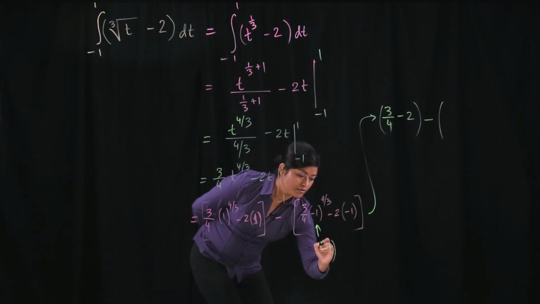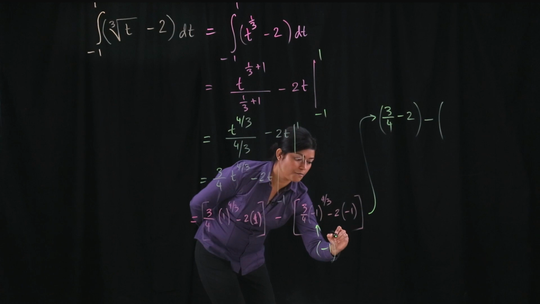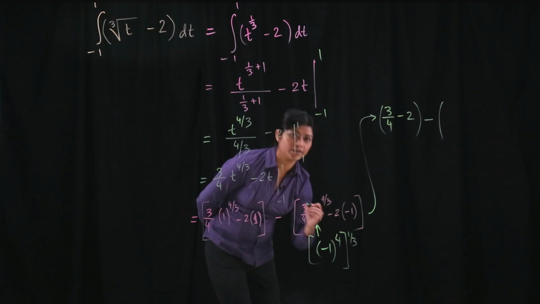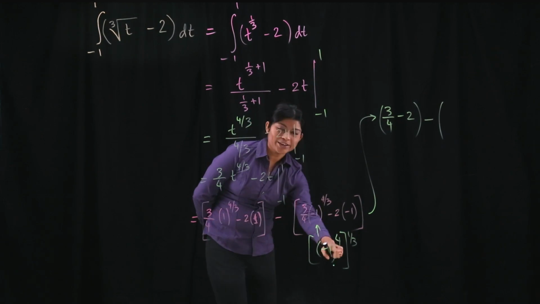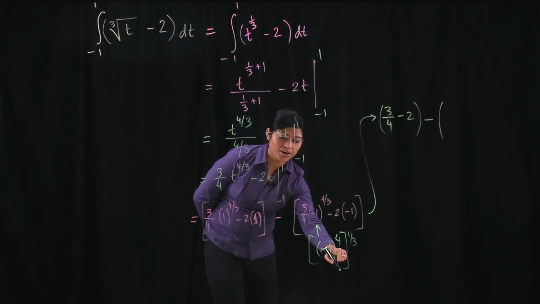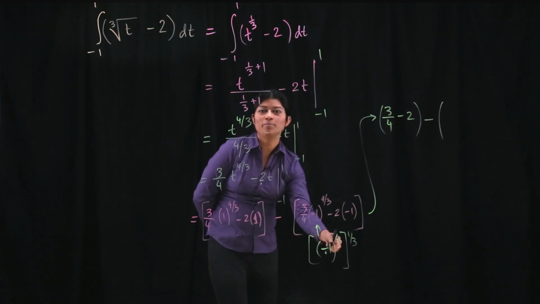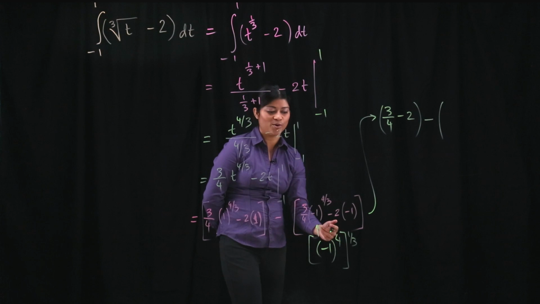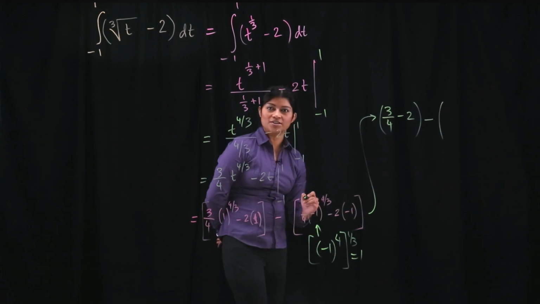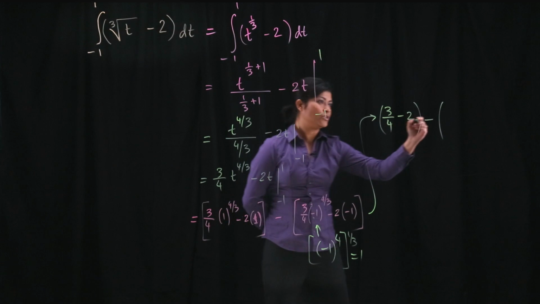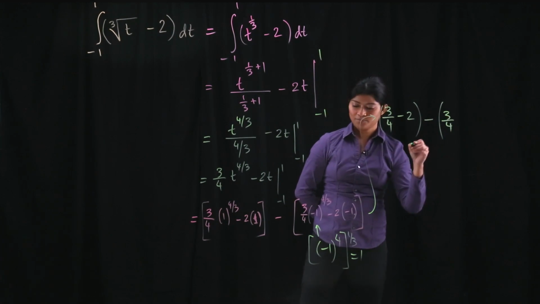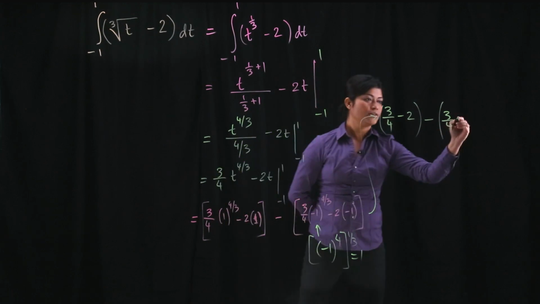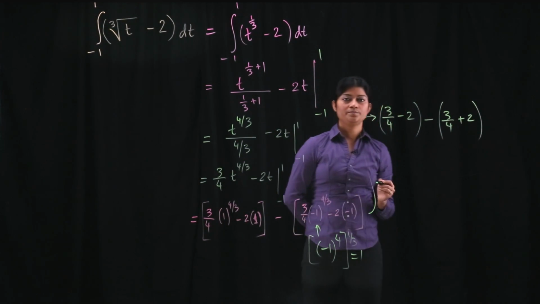You can say this is -1 to the power 4 and the whole thing to the power 1/3. In doing so, since this is an even number, -1 to the power an even number is just +1. And to the power 1/3 will just be +1 again. So this is +1. Okay, so you will just have a 3/4 here. And here also be careful, this is -2 times -1, so this will be a +2.